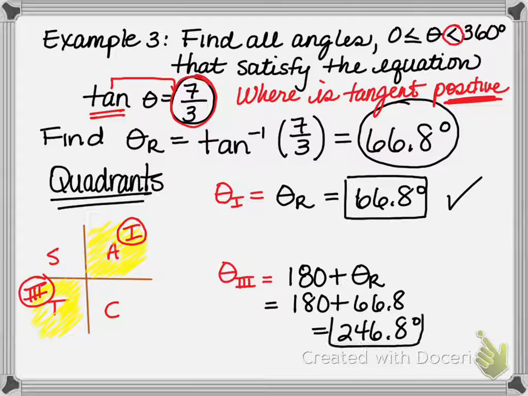And that's my second answer, which also falls between 0 and 360. Both of these are the formulas that I got off that chart. That's for the first quadrant, and that was for the third quadrant.